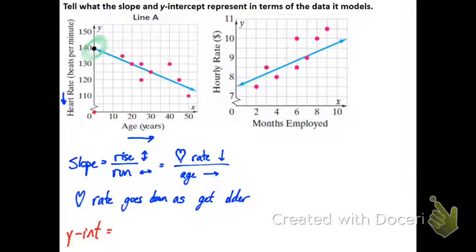And so, again, try to write something that makes sense with words. Don't say when your age is 0. The common sense way of saying when your age is 0 is when you're born. So when you're born, your heart rate, and that looks like 140, right? When born, heart rate is 140 beats per minute.